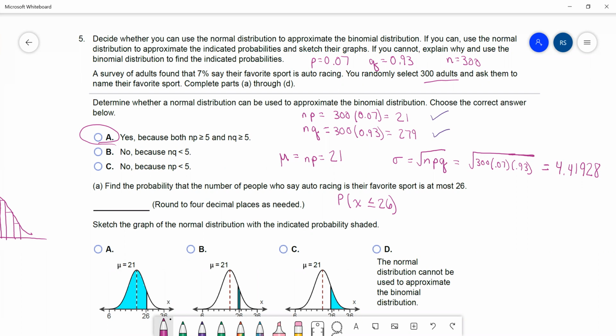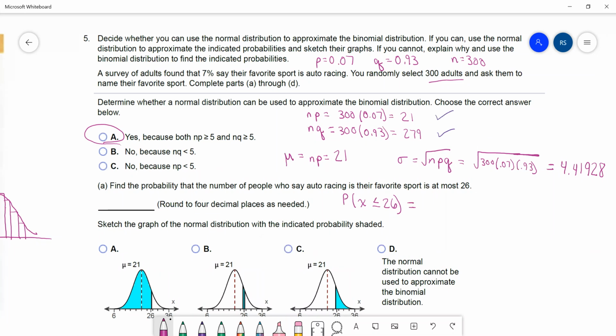What we're going to have to do on this one, since we want at most 26, we're going to have to say that, to do the normal approximation, X is less than or equal to 26.5.